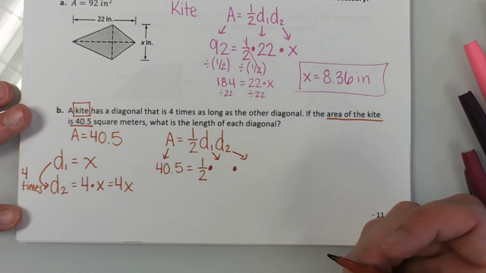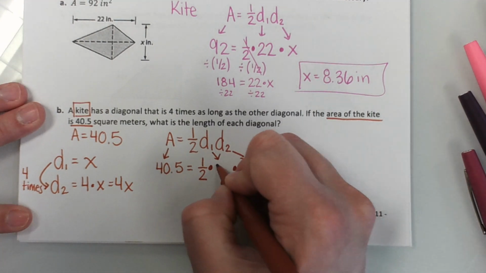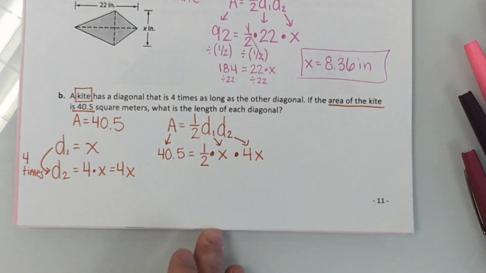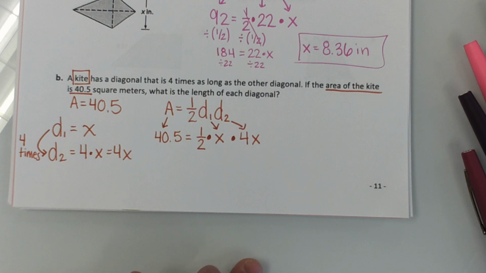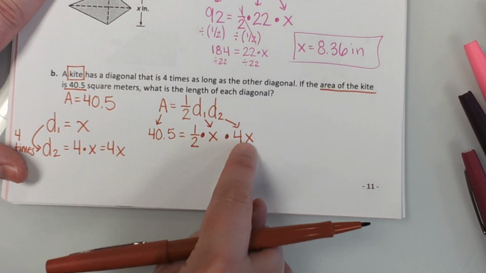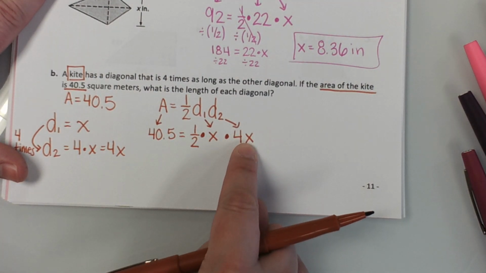I now have something I can plug into each of the diagonals. Diagonal 1 is an x, diagonal 2 is a 4x. Combine like terms. They're not like terms because we're not adding and subtracting, but you got the right idea. Put that stuff together. All of this is being multiplied. Does it matter the order in which you multiply things?